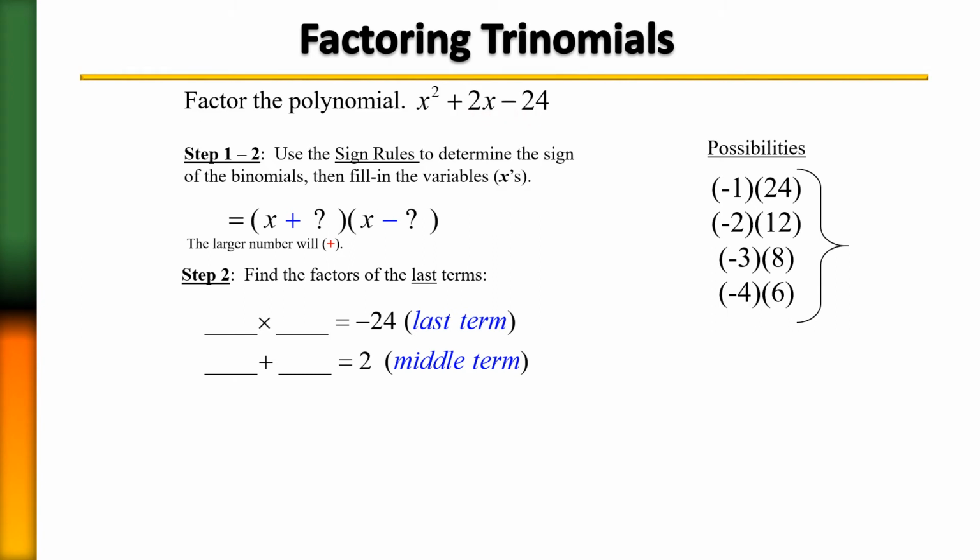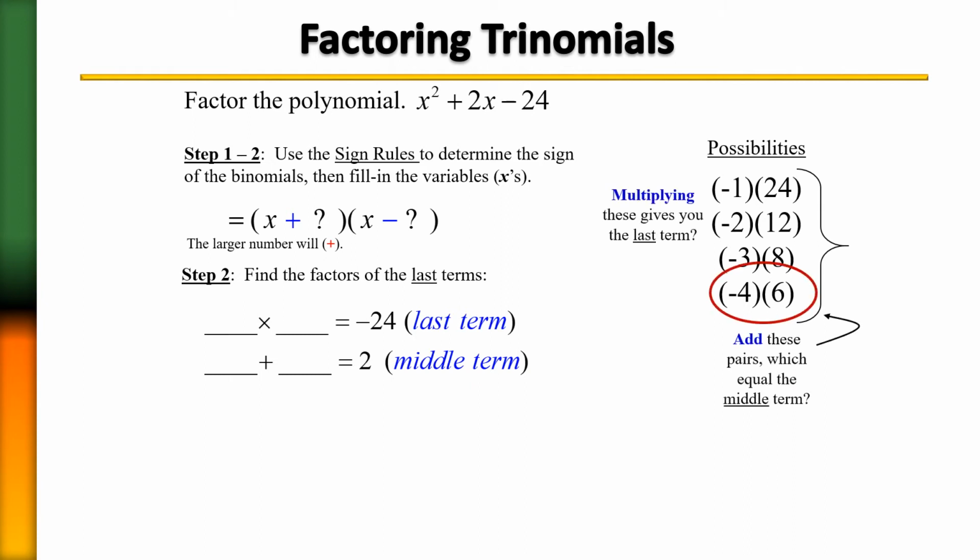Okay? So, do you know which one it is? If you said that it was the last one, which is a negative 4 and a positive 6, then you are correct. Because let's go ahead and fill those in and see if it meets those two criteria.